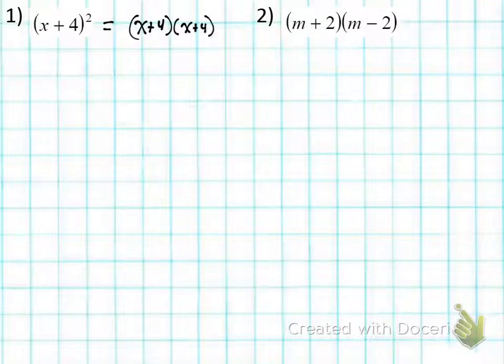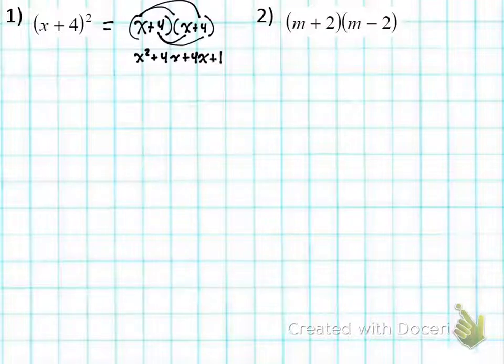Then x times x is x squared, x times 4 is 4x, and 4 times x is positive 4x. And 4 times 4 is 16. Bringing them together, you get x squared plus 8x plus 16.